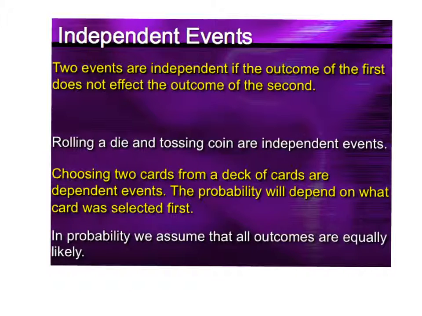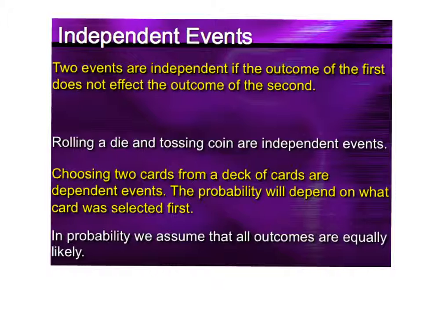Some other definitions. Independent events, we talked about that today. 2 events are independent if the outcome of the first does not affect the outcome of the second, such as rolling a die and tossing a coin. They're independent events. Whereas if you were to choose 2 cards from a deck of cards, then they are called dependent events because the probability will depend on what card was selected first.